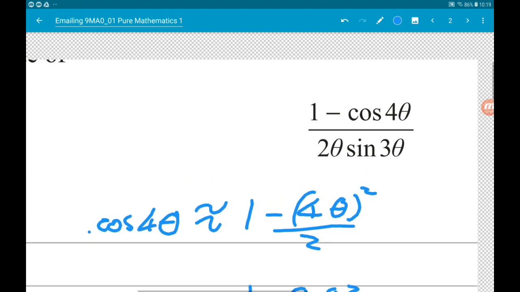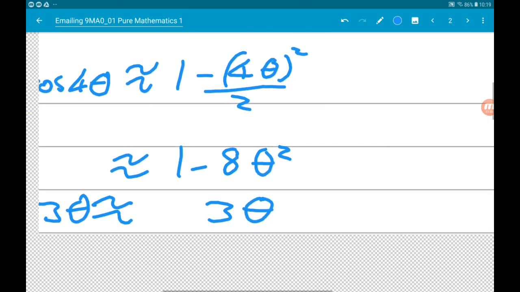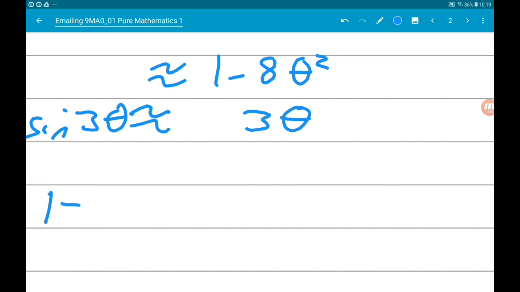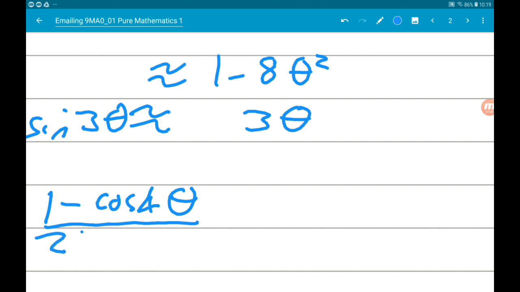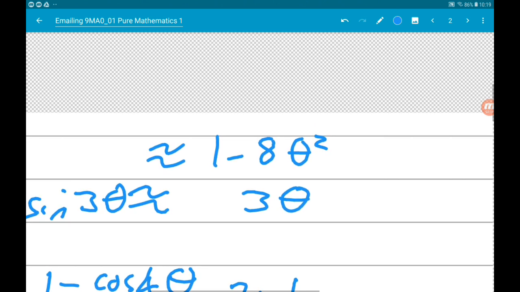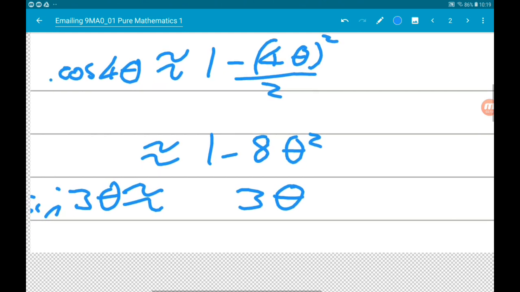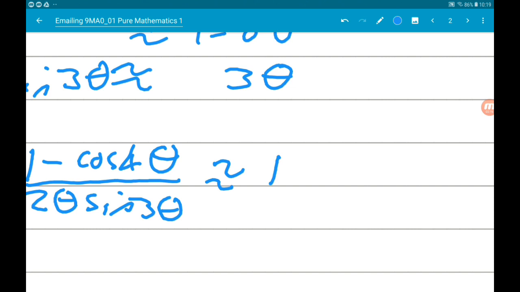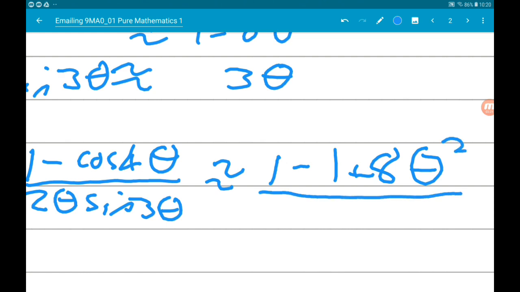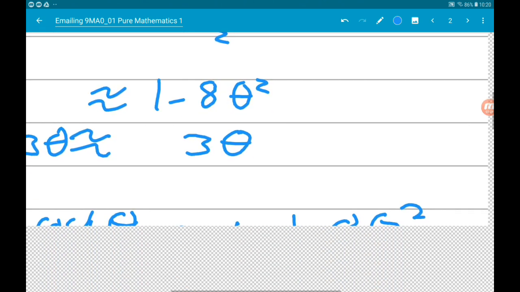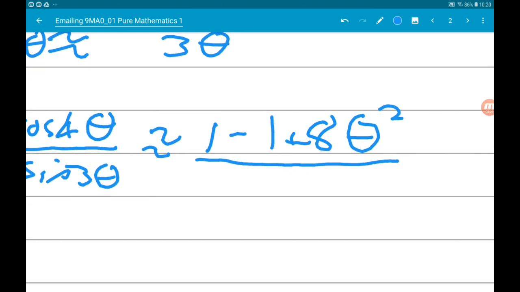So using these, we can say that 1 minus cos of 4 theta over 2 theta sine of 3 theta is approximately 1 minus, 1 minus 8 theta squared, so that's going to be 1 minus 1 add 8 theta squared over 2 theta times 3 theta, so that's going to be 6 theta squared.